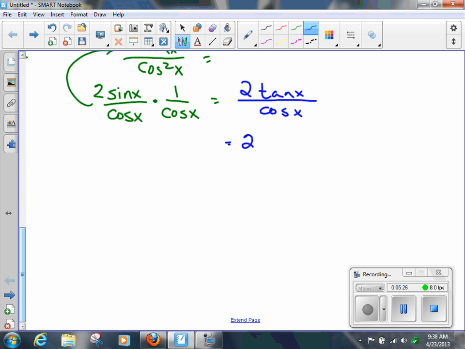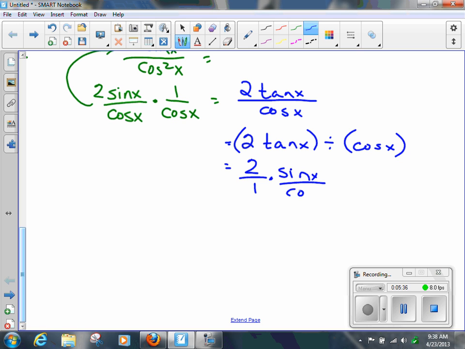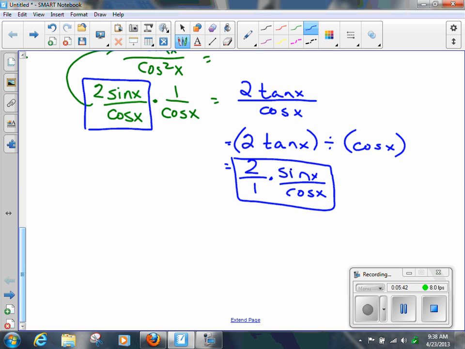Can I do this? 2 tangent x divided by cosine x? Watch what's getting ready to happen. 2 over 1 times sine over cosine. Look what's happening. This matches, that matches, and I'm going to divide by cosine over 1, which means I'm actually going to multiply by who?